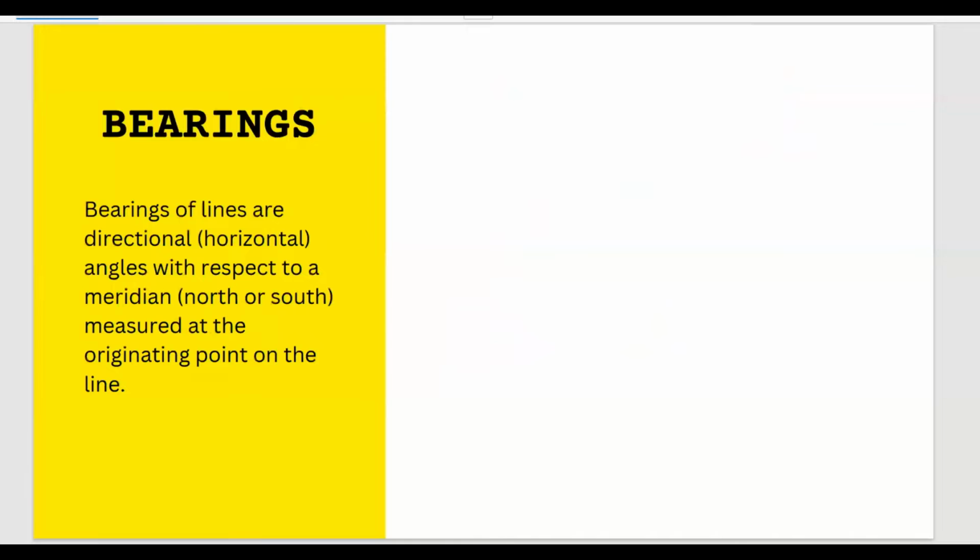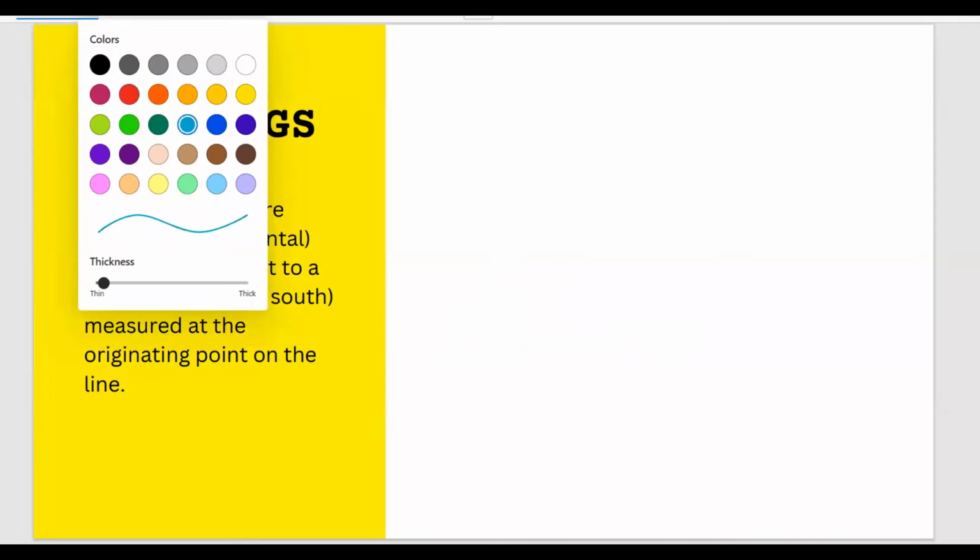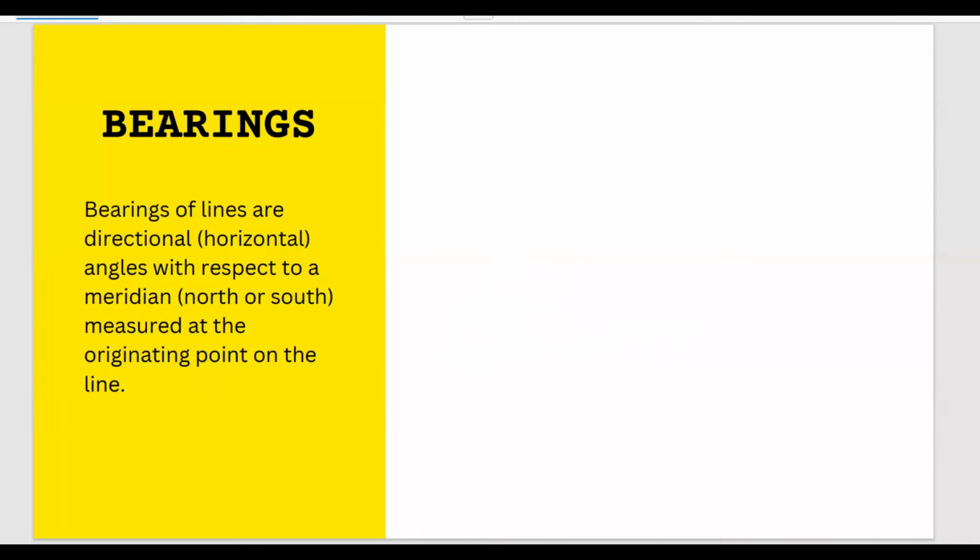Moving forward, bearings. The definition of bearings sounds like this. Bearings of lines are directional horizontal angles with respect to a meridian, north or south, measured at the originating point on the line. Okay, let's see what that means. If I'm given a bearing of a line, I'm told that it's south 30 west, 30 degrees west.